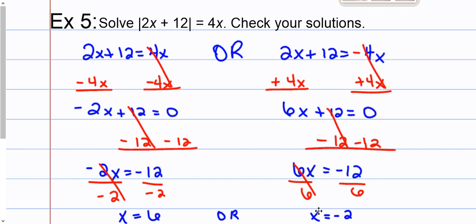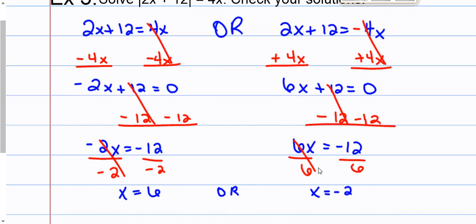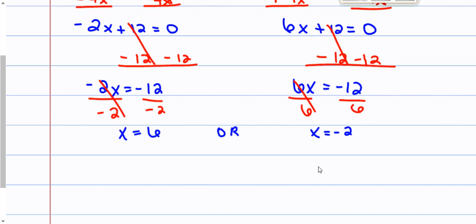Now, this one said to make sure you check your answers. So, when we check our answers, we're actually having to plug those answers back in to the original equation. The original equation was the absolute value of 2x plus 12 equals 4x.